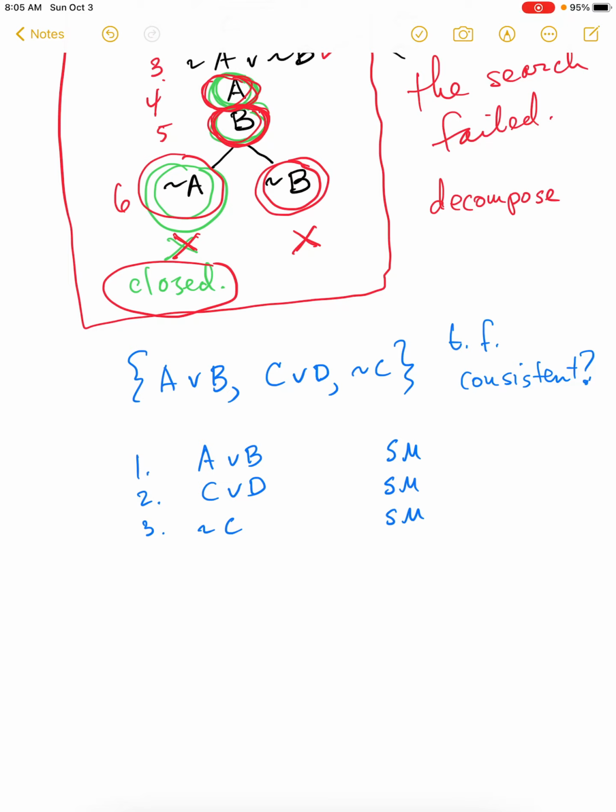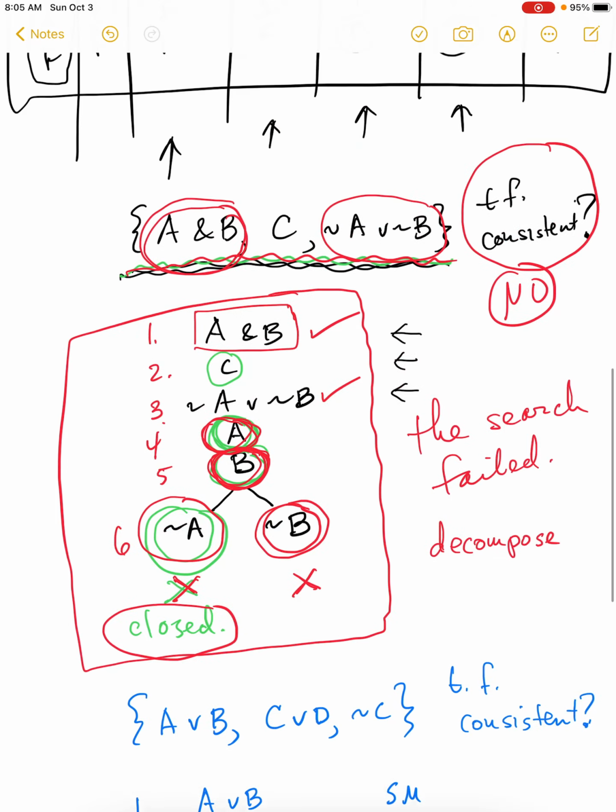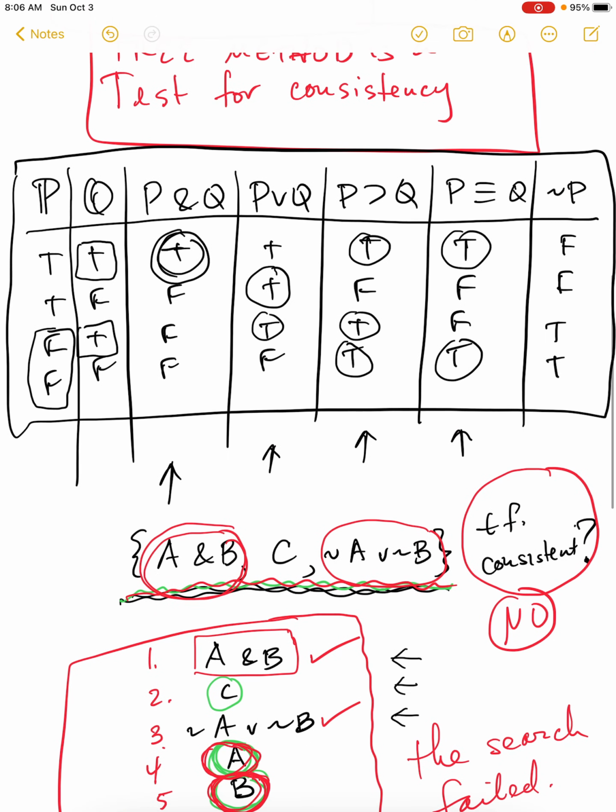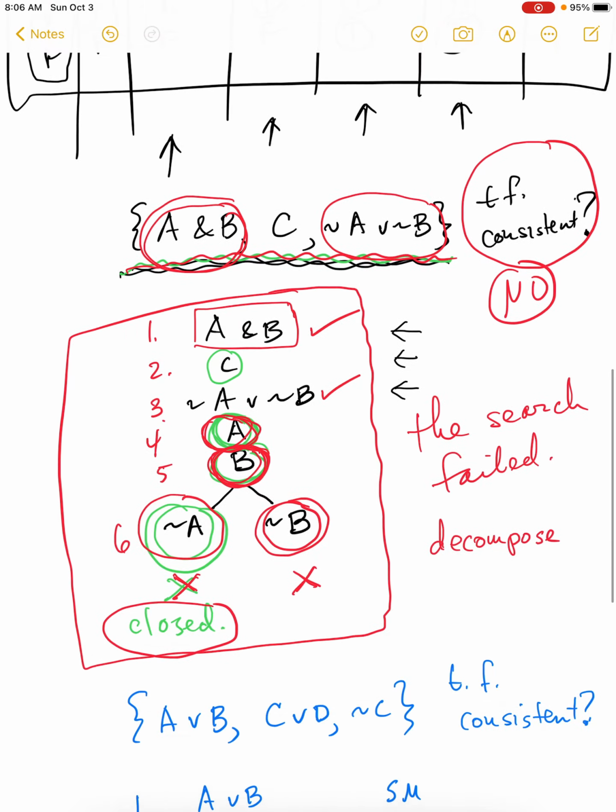So I'm just going to start with line number 1, and I'm asking myself, if there were a truth value assignment that were to make A or B true, what would that truth value assignment have to do? Well, once again, we're looking at the characteristic truth table for the disjunction. It would have to make one or the other or both of the disjuncts true.